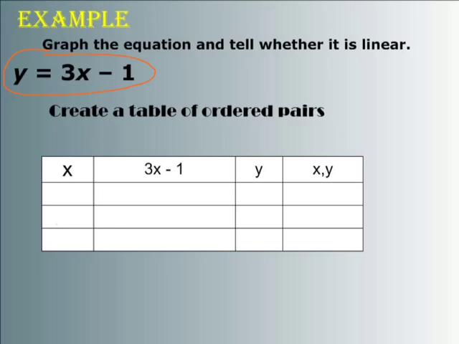For the x values, we just need to pick some values, and we are going to use -1, 0, 1, and let's go ahead and use 2. So what that means is we are going to multiply 3 times the input x value minus 1, and that's going to give us the y value. We're going to do that every time: 3 times the x value minus 1.